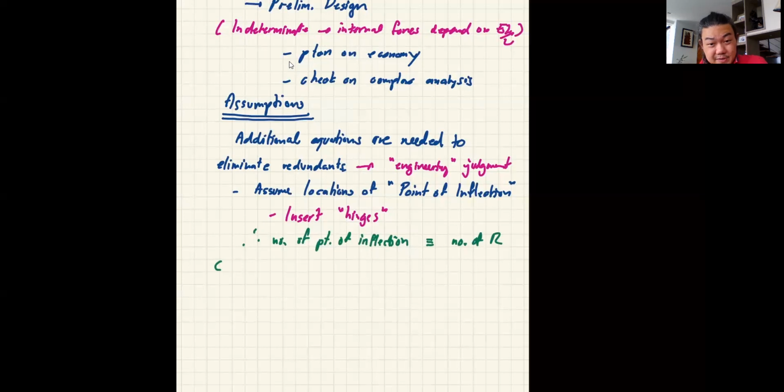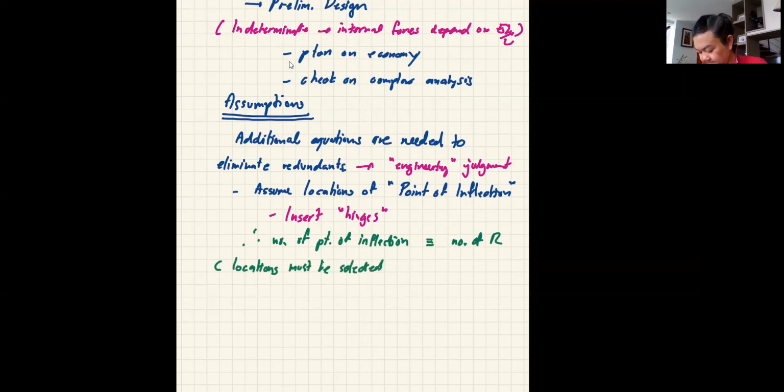You select the locations of points of inflection and add them equal to the number of redundants that you have, but you have to make sure that the locations must be selected so that the structure is safe.